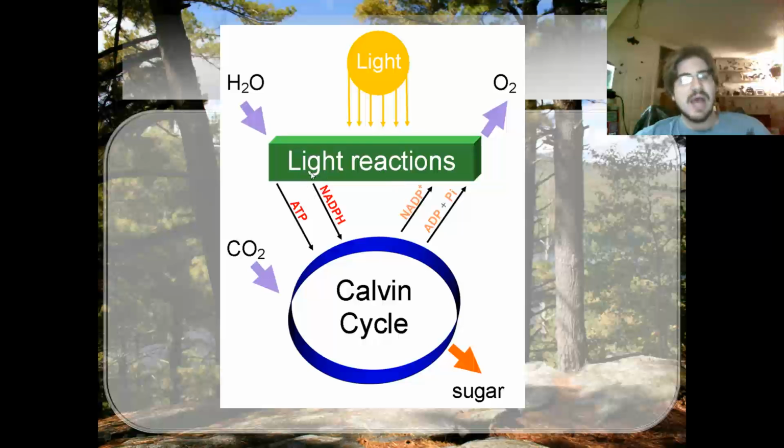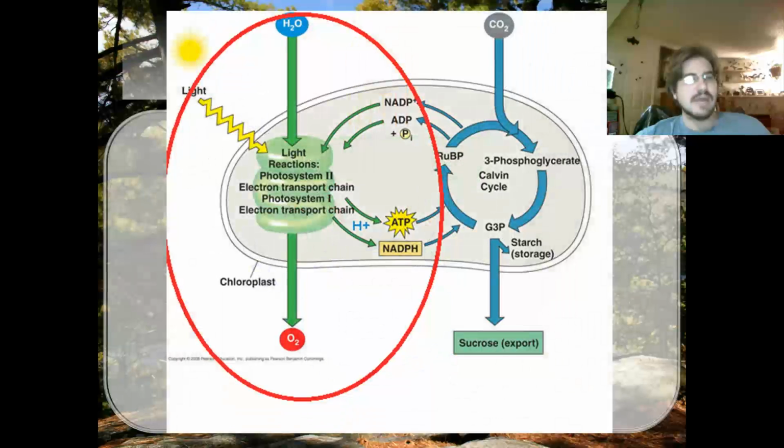So we get hydrogens and electrons transferred to NADPH. Well, NADP, which becomes NADPH, but you get the point. Anyway, ATP and NADPH now enter the Calvin cycle. The Calvin cycle is where we're going to take our carbon dioxide and our ATP and our NADPH and make sugar. Why don't we see how it's done?